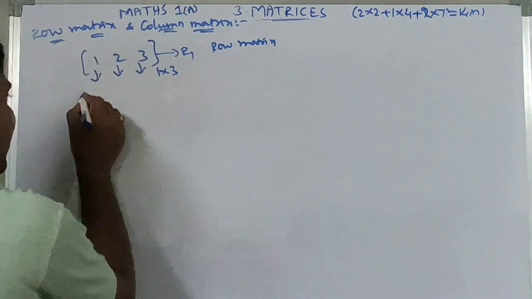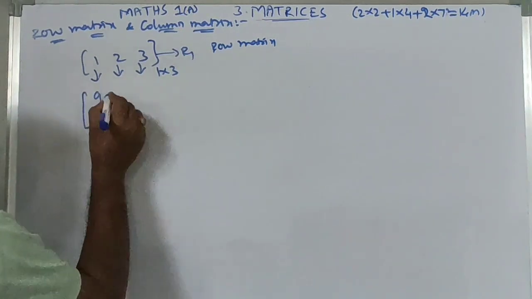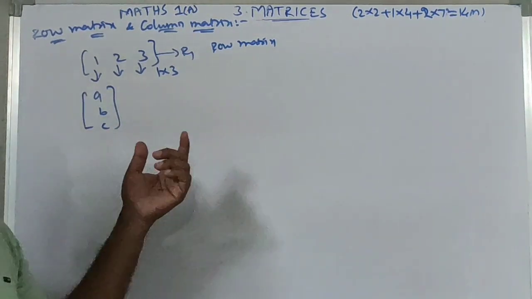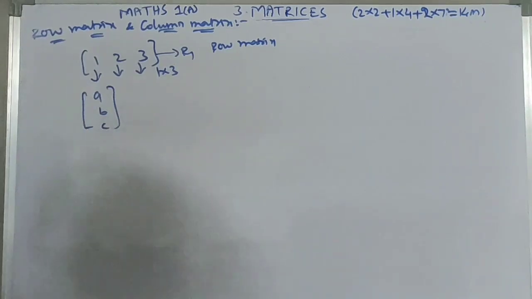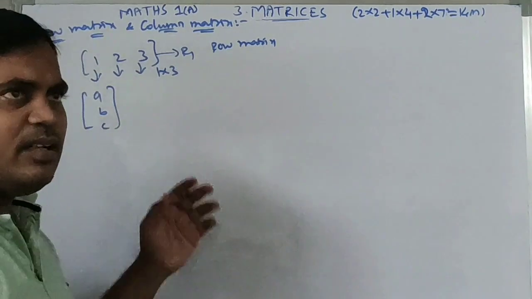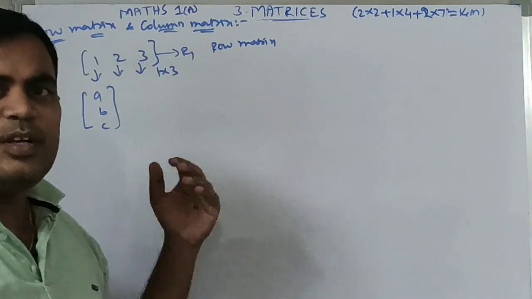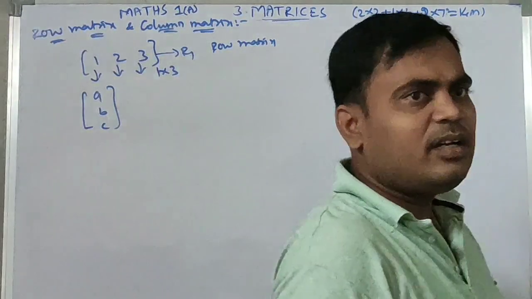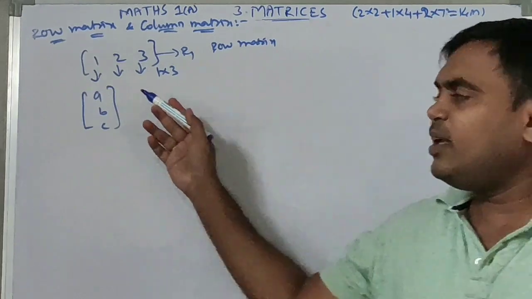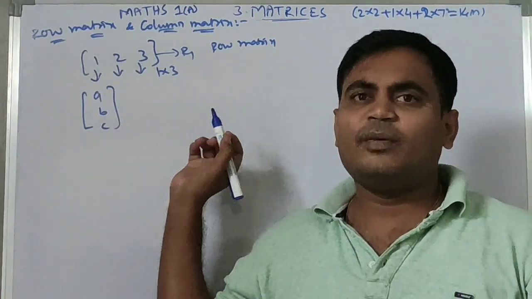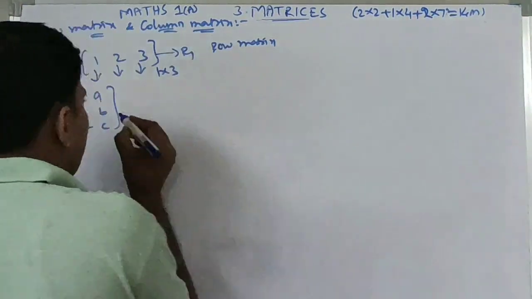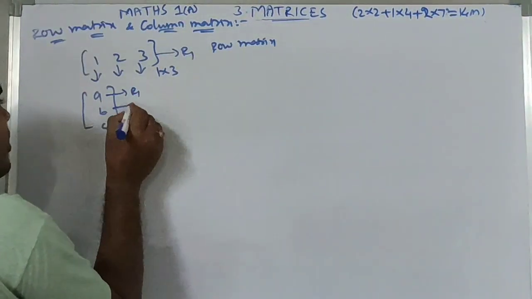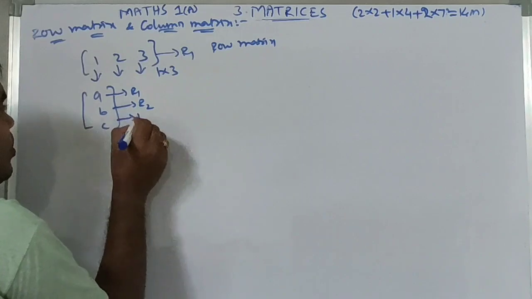Next, I am taking a, b, c. The elements of a matrix can also be represented with small letters. The matrix is denoted with a capital alphabet and elements may be represented with small English alphabets. So a, b, c I am taking. How many rows? First row, second row, third row.